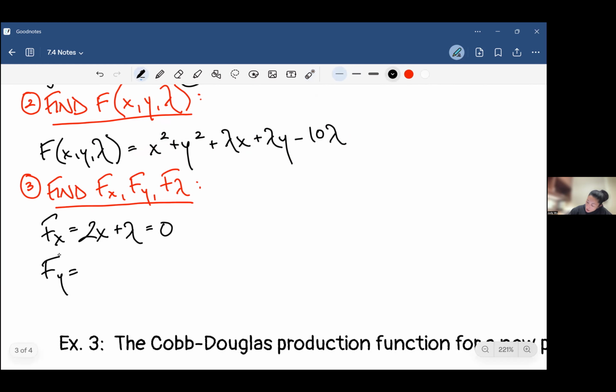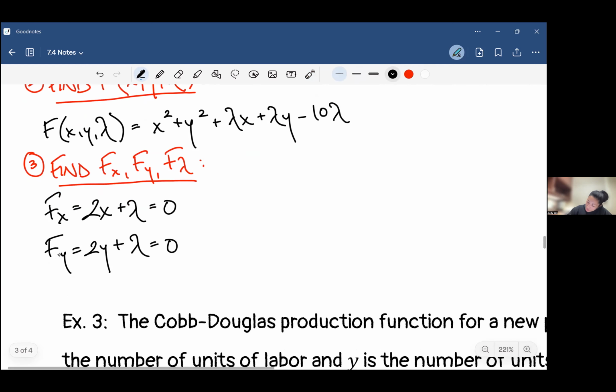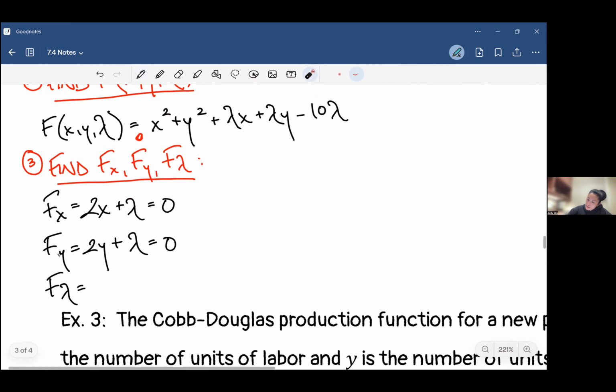I have 2y plus, lambda x goes to 0, negative 10 lambda goes to 0, and I'm just left with the derivative of lambda y, which is lambda. And I can't forget my F lambda partial. So I get 0, 0, and then I get x plus y minus 10.